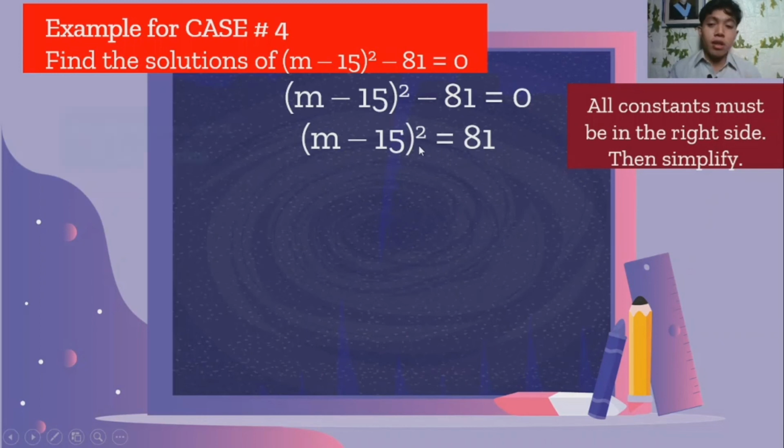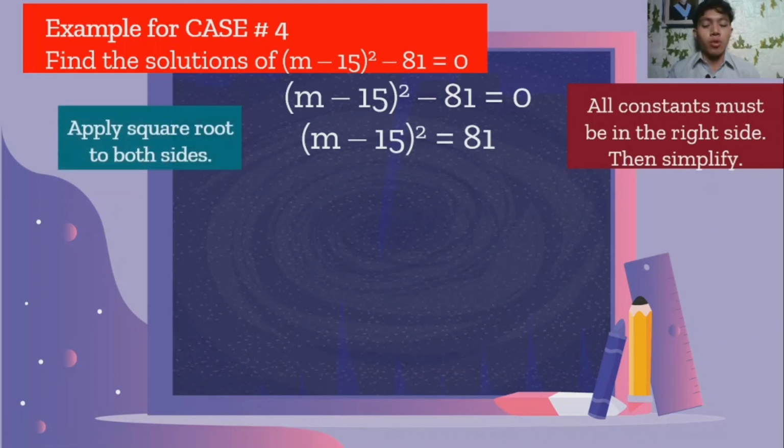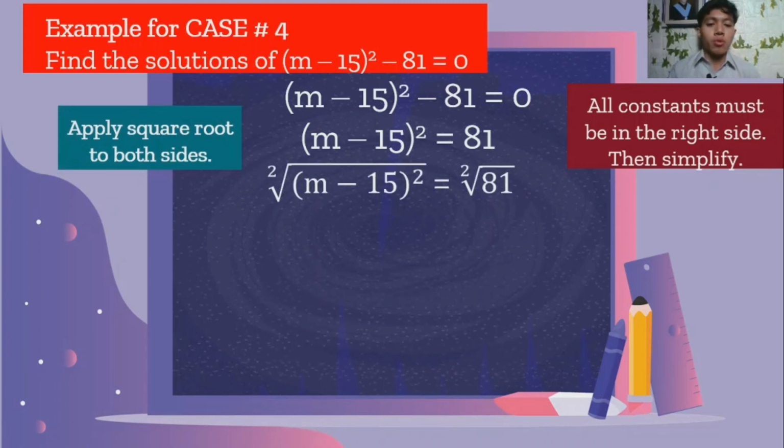Anong sabi ko dito? Apply ka na kagad ng square root both sides. Okay? So, magiging square root of m minus 15 squared is equal to the square root of 81. And then, cancel mo lang kagad yung square root dun sa may squared, no? So, magiging m minus 15 na lang siya is equal to positive negative 9.